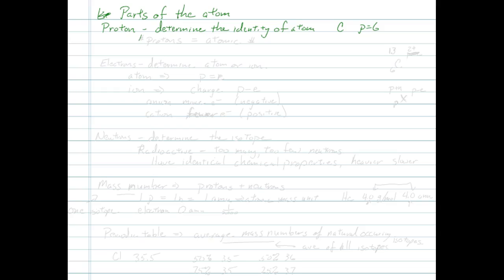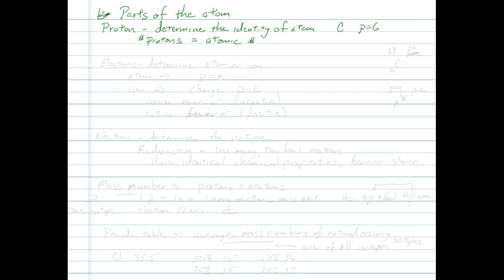The number of protons is also equal to the atomic number. The atomic number is the number of protons. It's the ranking of the elements from 1 to 116, or whatever the latest element is going to be.